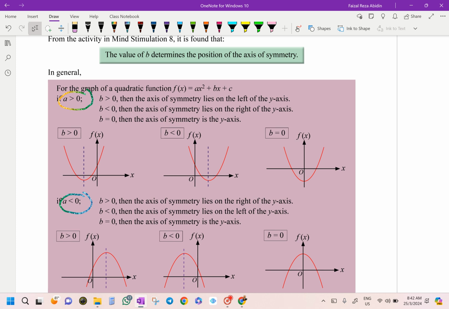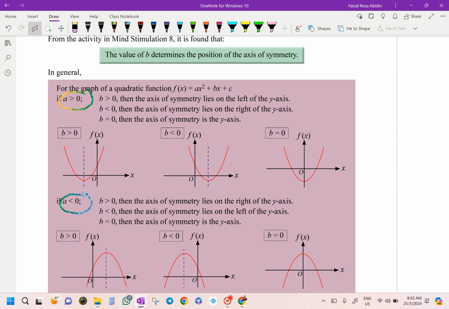Just now our shape is smiley, kan? So the value of Q, which is our B lah, is going to be more than 0, less than 0, or equal to 0.